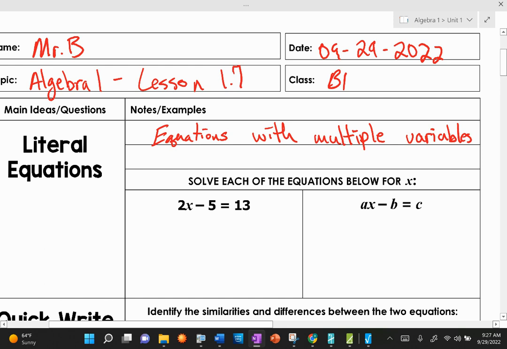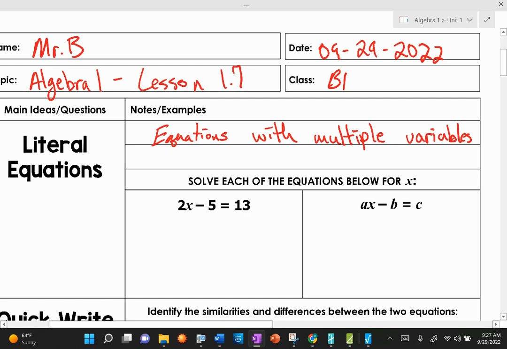The one on the left is a normal linear equation that we see. We only have one variable. Whether we fully feel comfortable solving it, we at least know how to go about it. We know that we're trying to find x, undoing operations, getting x by itself and isolating it.